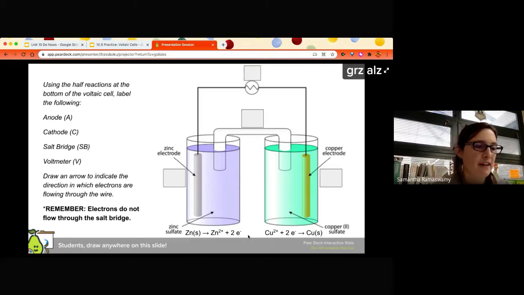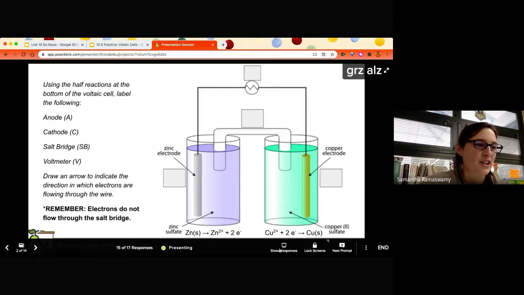Remember that oxidation occurs at the anode, reduction occurs at the cathode. And then think about which way your electrons flow.